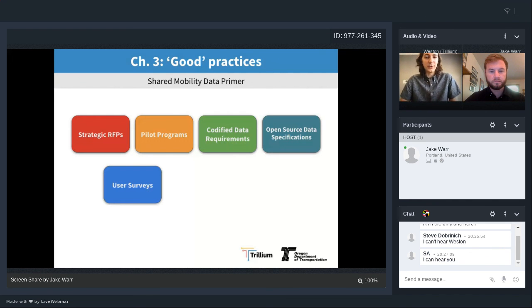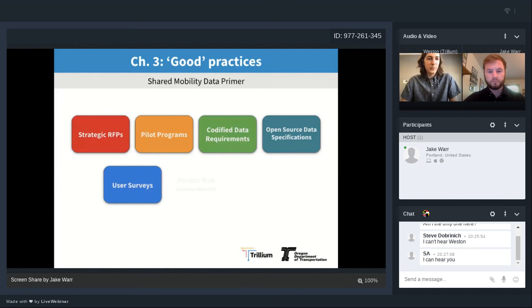And then user surveys. The supplemental data that a jurisdiction may need to measure program success, for example, the demographic information likely needed to meet equity outcomes, can be collected through optional anonymous user surveys.